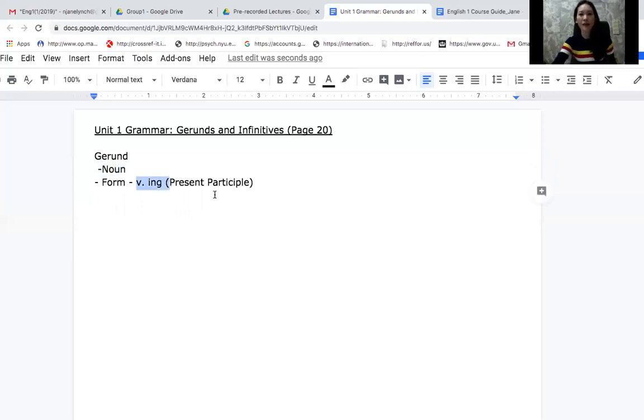Okay. So when do we use a gerund? We use the gerund in 2 places. We usually place a gerund, 1, at the beginning of a sentence. When we start a sentence with a gerund, it means we use the gerund as a subject, right? So we can use a gerund as a subject.